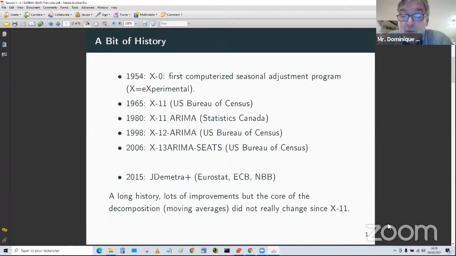So let me tell you a short story about computers at that time. They were absolutely huge. And to give you an idea, when I started at INSEE, it was in '74, '75, I was a student at INSEE. So we had the opportunity to use the INSEE central computer, the one which was used, for example, for the census.